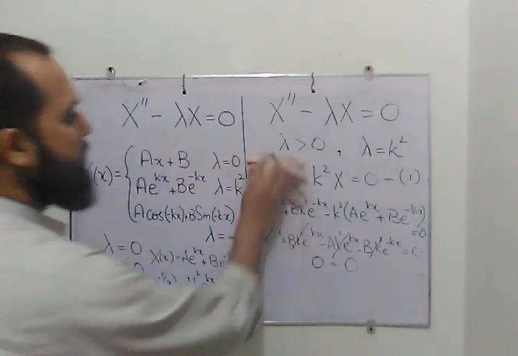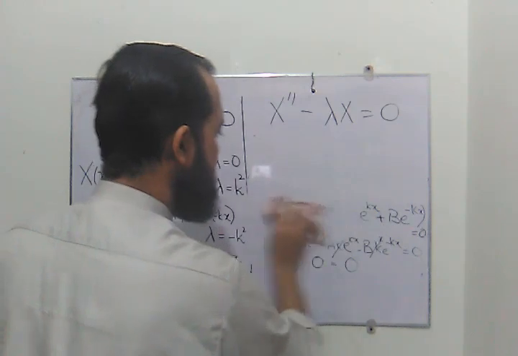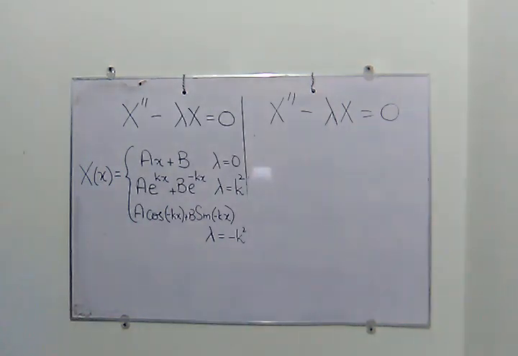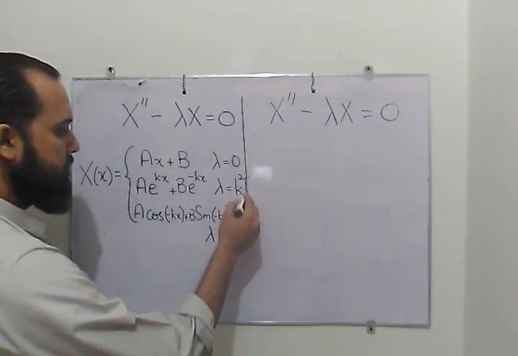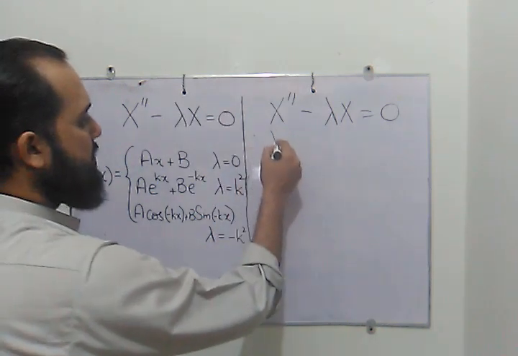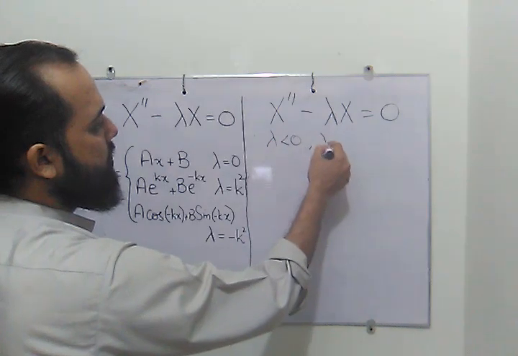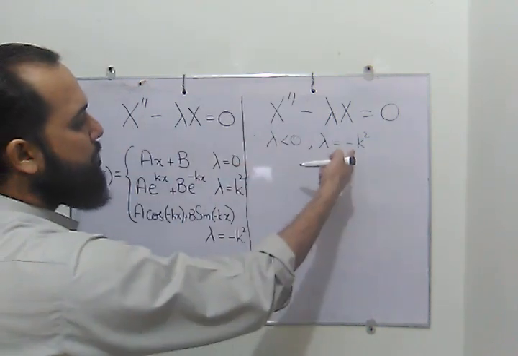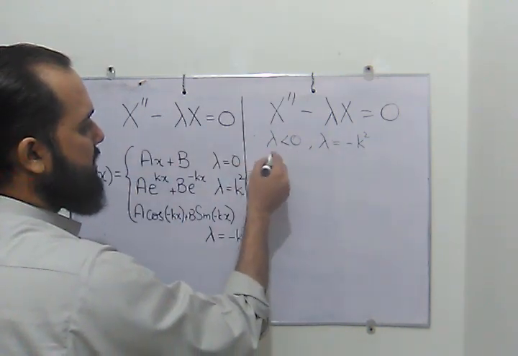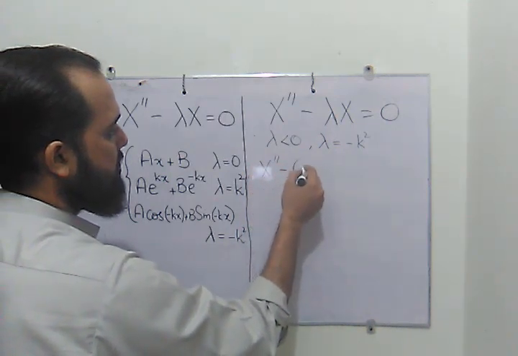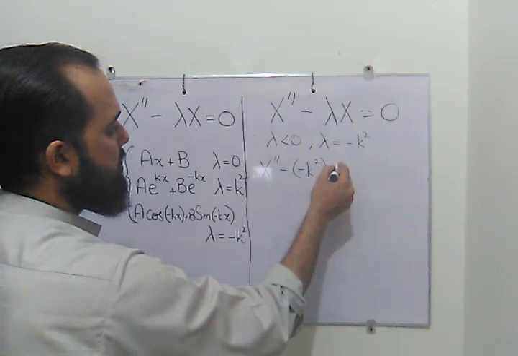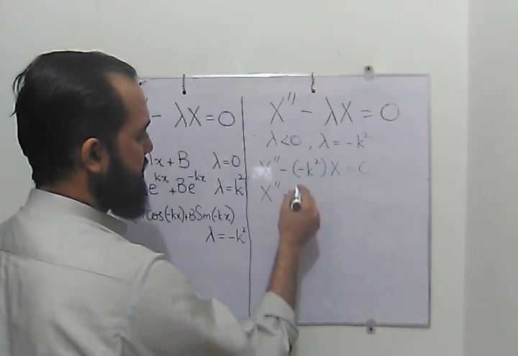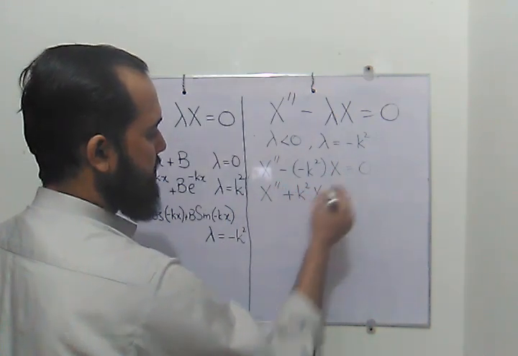So we have the same differential equation. And when we consider lambda less than 0, which means we take lambda is equal to minus k square, then if we put minus k square here in place of lambda, the equation will take this form.